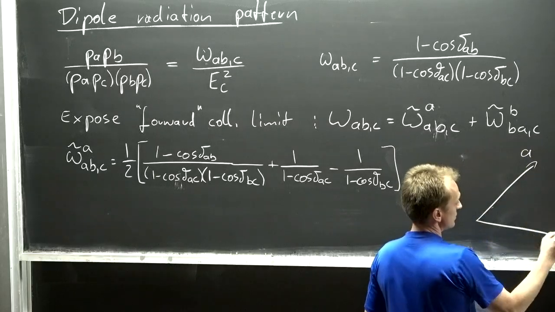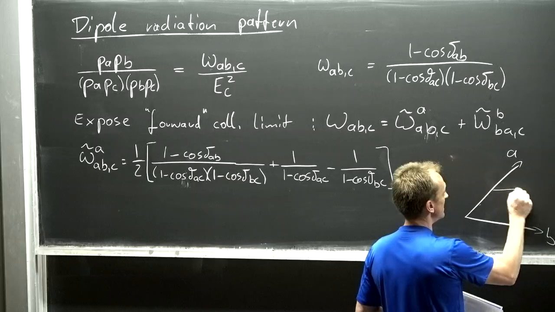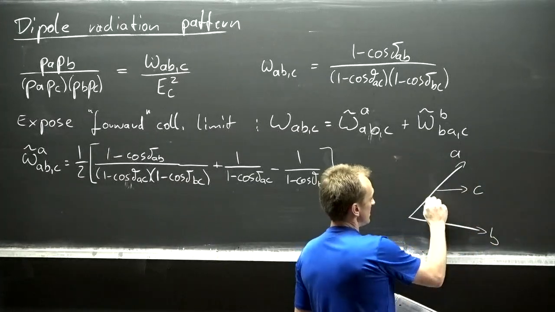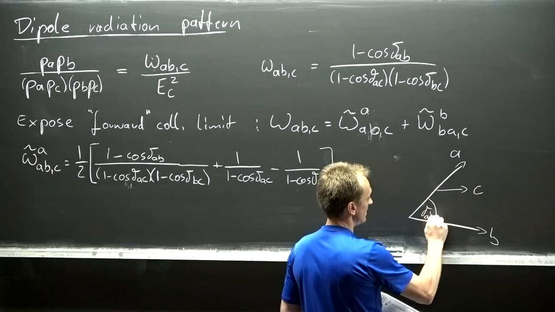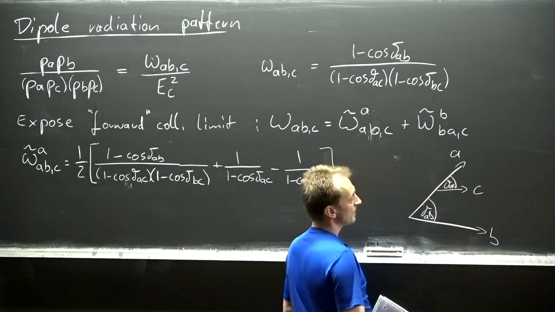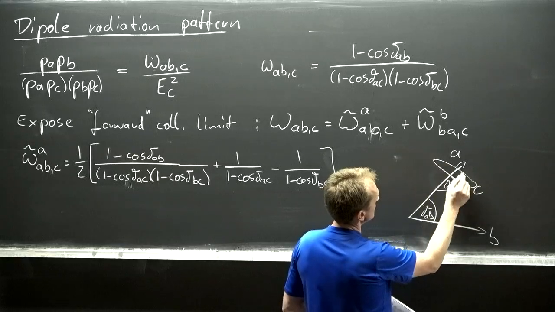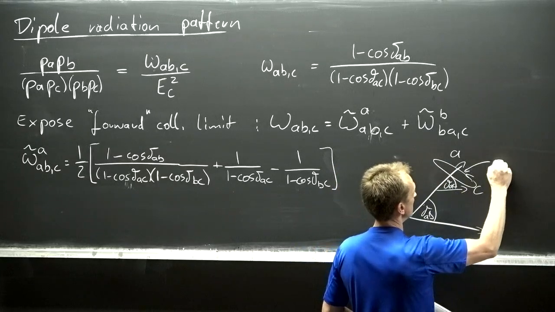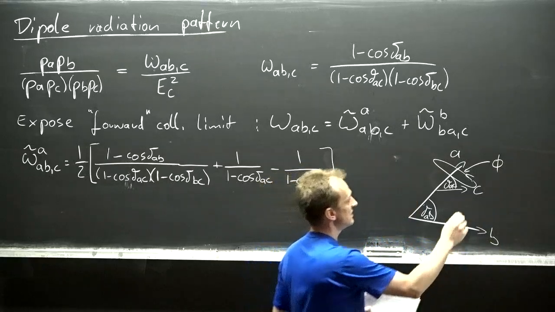This is the direction of A, this is the direction of B, and then I radiate something, C. Okay, so now this is theta_AB. This is theta_AC. And then there is an azimuthal angle here, which I will call phi, for simplicity, phi_C.